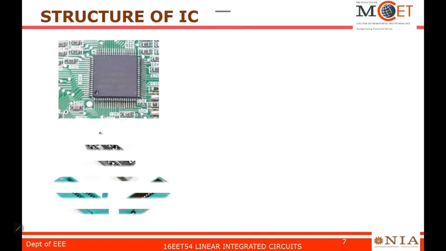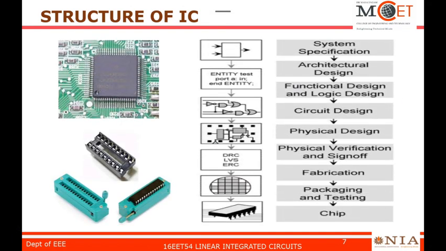So next, the structure of IC. How is this IC made, how is this IC designed? These are the steps of how the IC is designed. System specification is how my system should be, the specification for that particular system, that means the IC. Then architectural design, functional design, circuit design, physical verification, fabrication, packaging and testing, and chip.